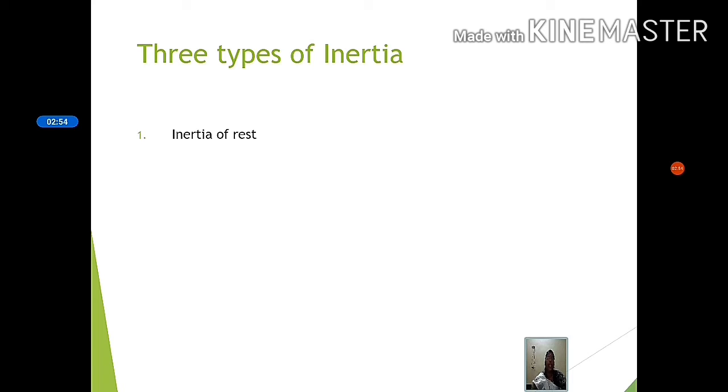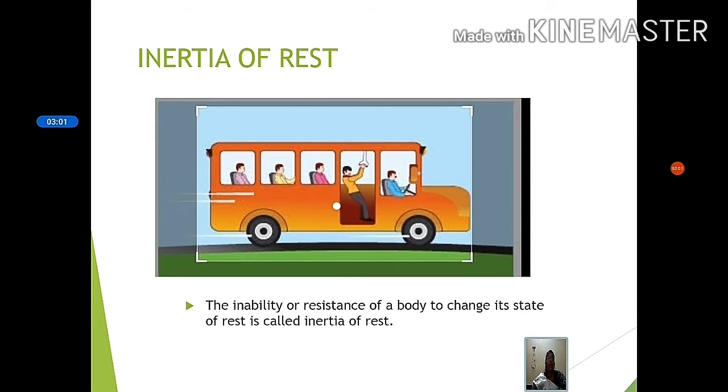That is, the inability of a body to change its state of rest or uniform motion or direction by itself is called inertia. Now there are three types of inertia: inertia of rest, inertia of motion and inertia of direction. Now let us see what is inertia of rest.